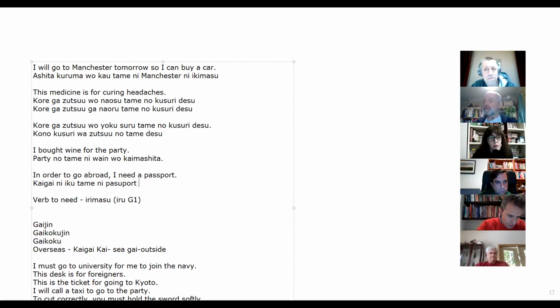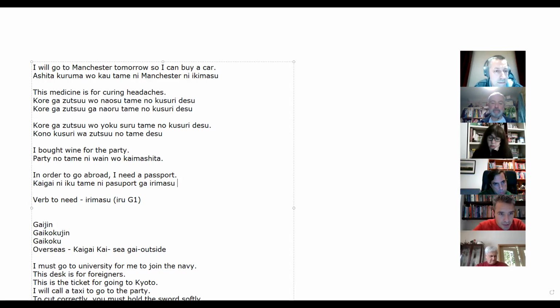But if you look up iru in your edict or similar, it's an intransitive verb. So this means we can't use passport o, but passport ga. Irimasu.